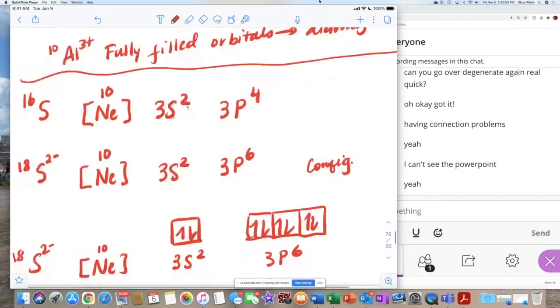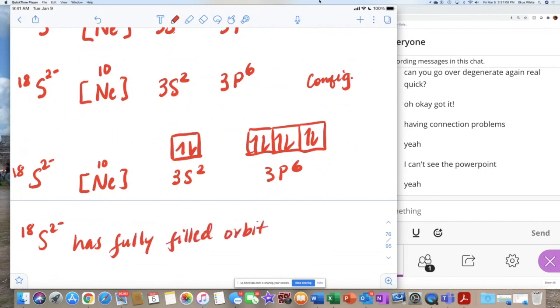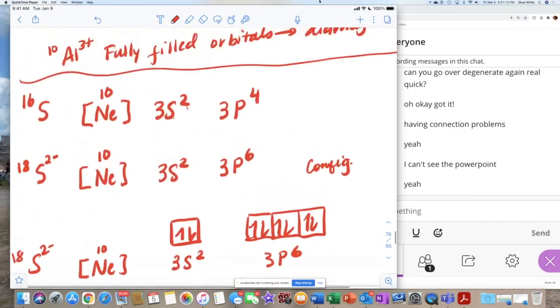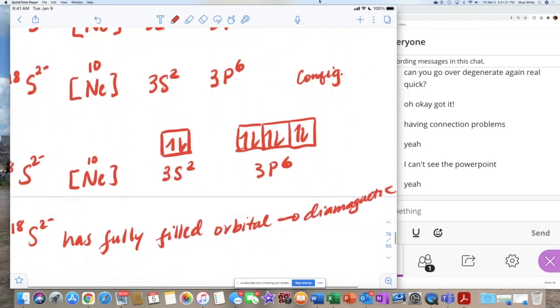So sulfur, after it's gained 2 electrons, to now have 18 electrons, has fully filled orbitals. How do I write it here? And therefore, it is diamagnetic. Oh, I managed to get a C in there.